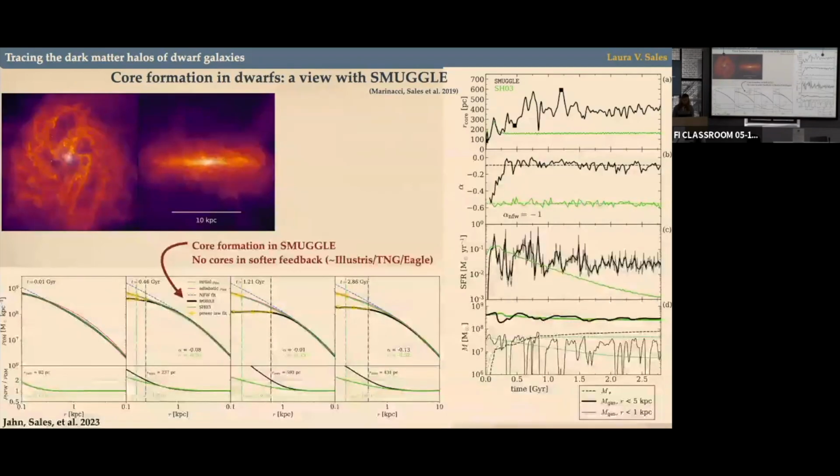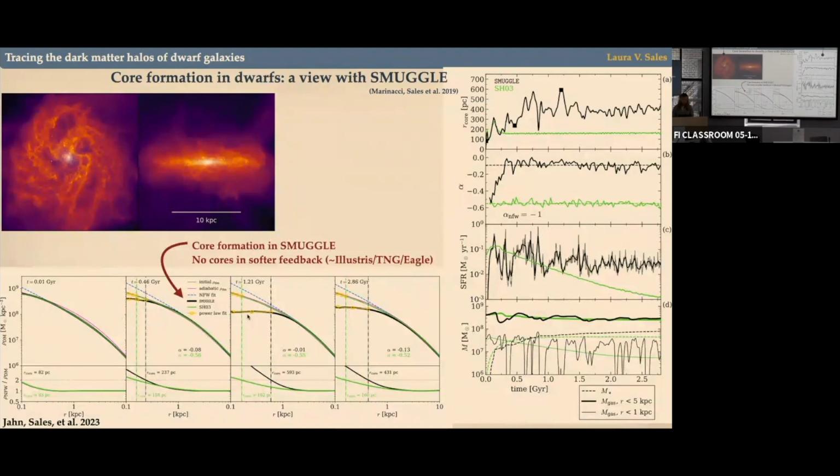This was just to show that if you take the same halo, this is a set of idealized tests run with the SMUGGLE code, which is the attempt within AREPO to simulate this multi-phase component. So this is the density profile observed for a given dwarf galaxy.